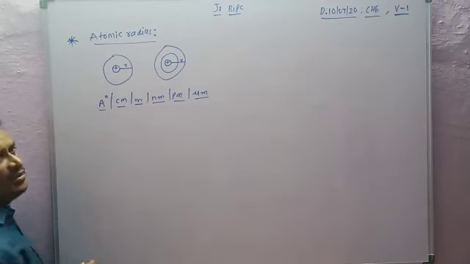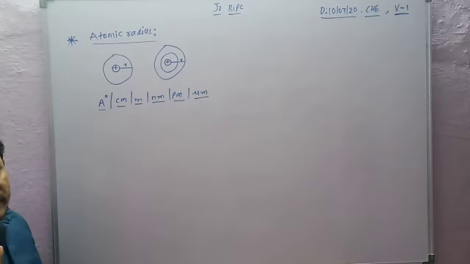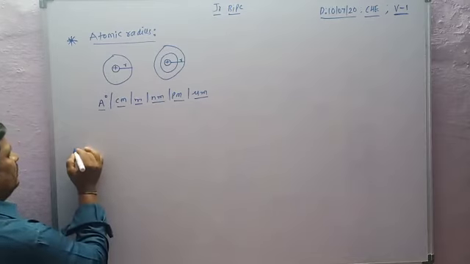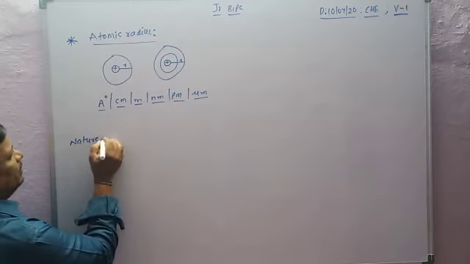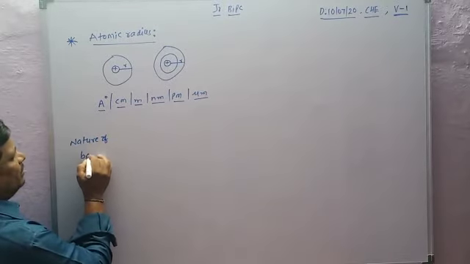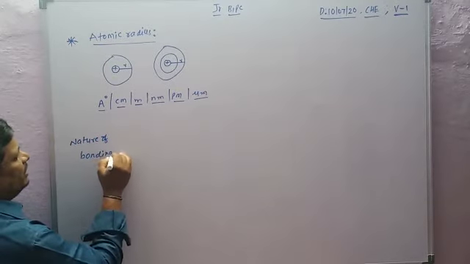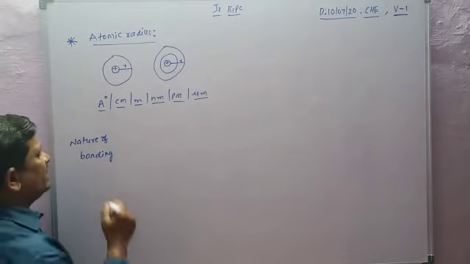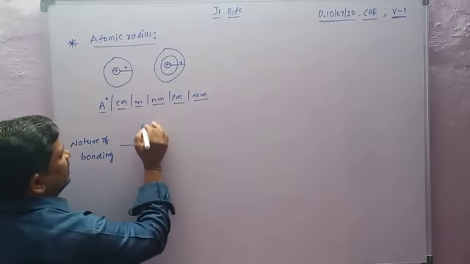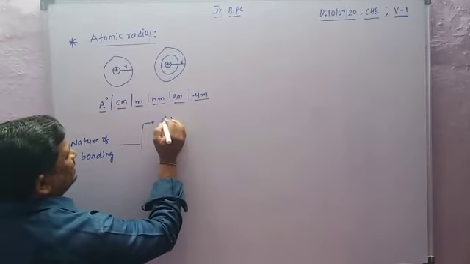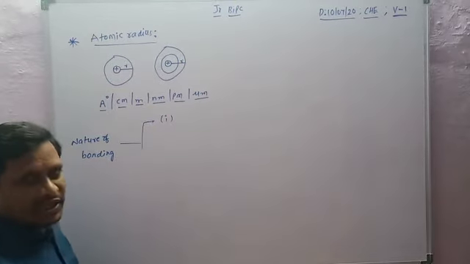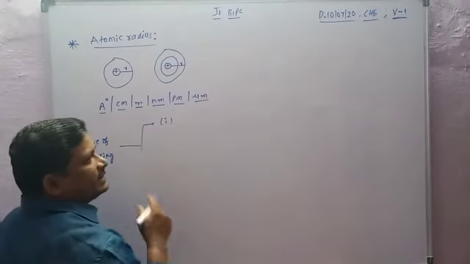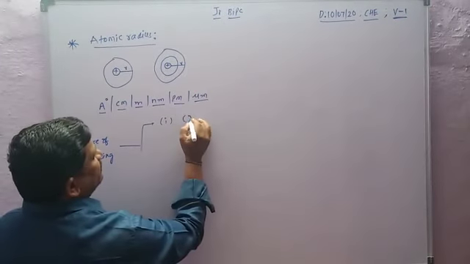Generally atomic radius is classified into three types based on the nature of bonding. The first one is crystal radius.